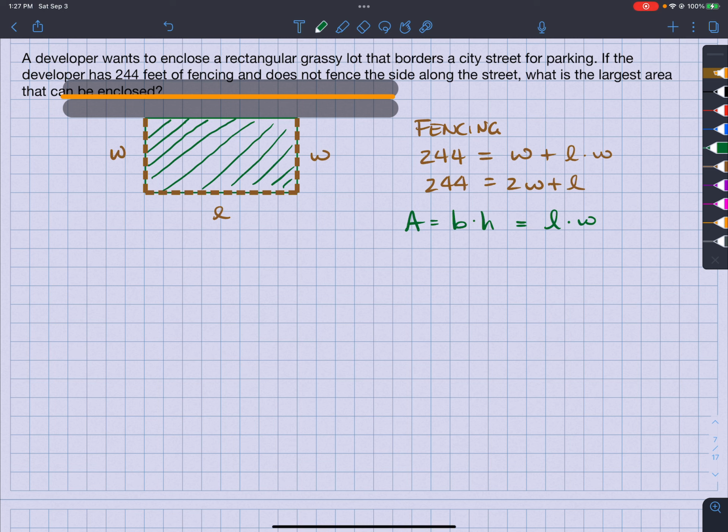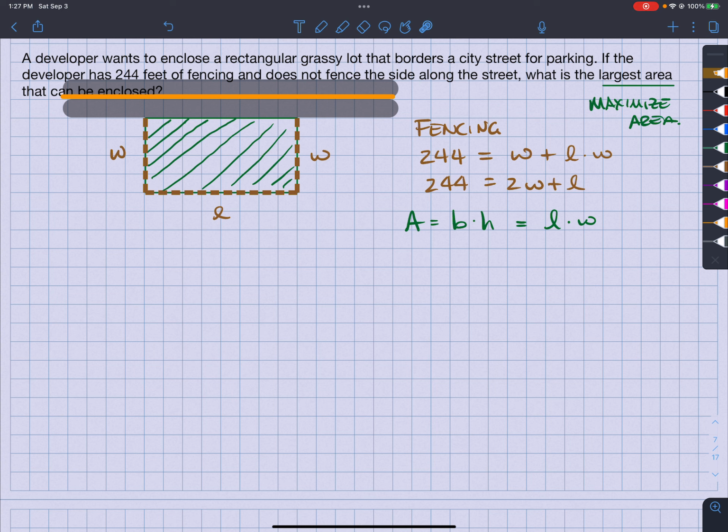Since I want the largest area, I'm trying to maximize area. So I need to keep this formula, but somehow the fencing needs to get in here.